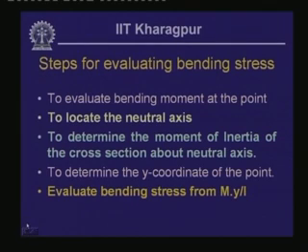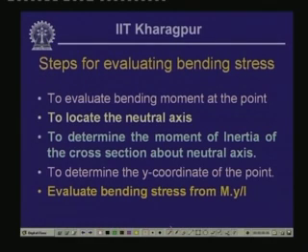Well, then these are the steps, as you can visualize now, that we should go through if we are interested to find out the bending stress at a point in a given cross section, so that we can evaluate the stress. As you can appreciate, at the section where we are interested to find out the stress, we must know the value of the bending moment it is subjected to because of the external load acting on the beam.